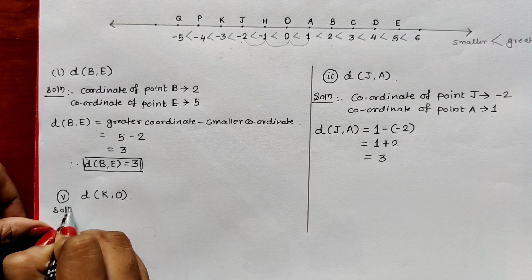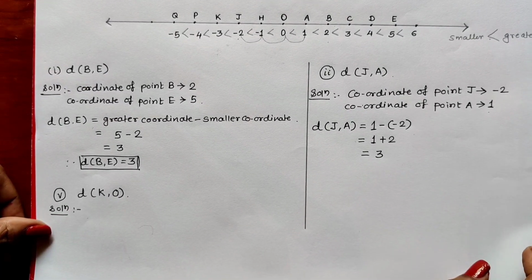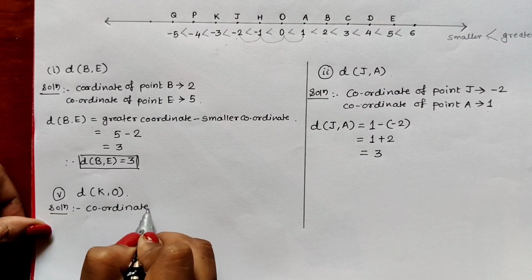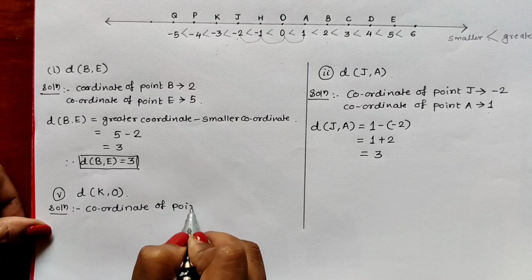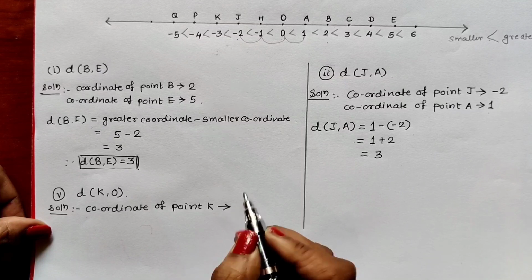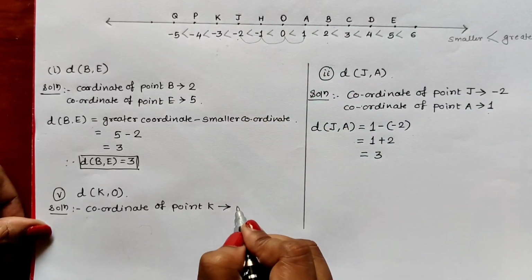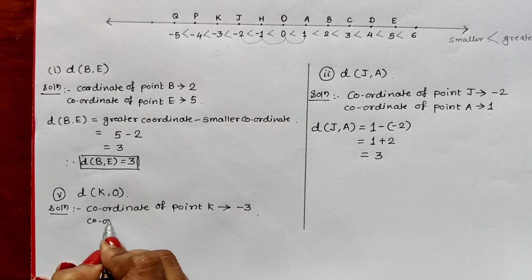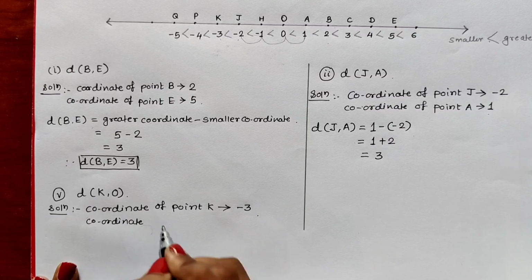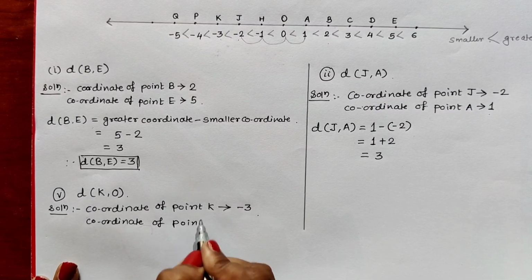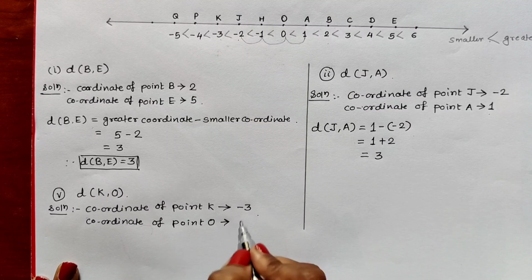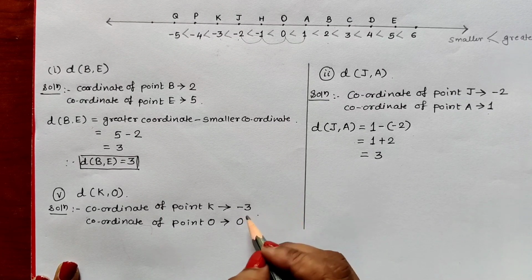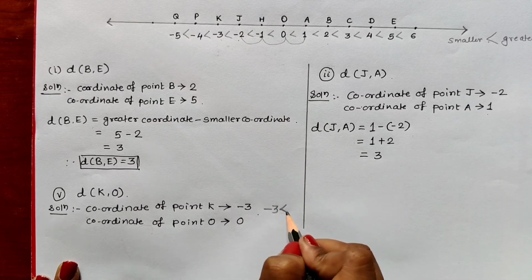Again we start our solution by writing the coordinates. Of point K. See here, coordinate is -3. Okay, then coordinate of point O is 0, and we all know all the negative numbers are smaller than 0. -3 is smaller than 0.